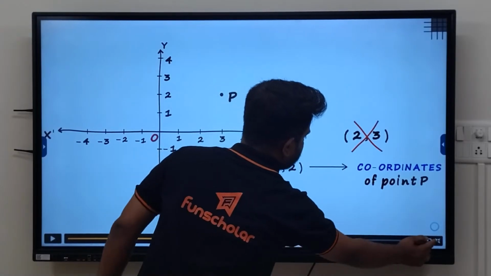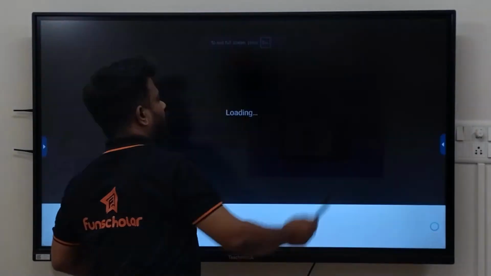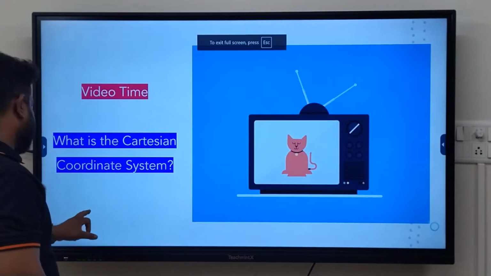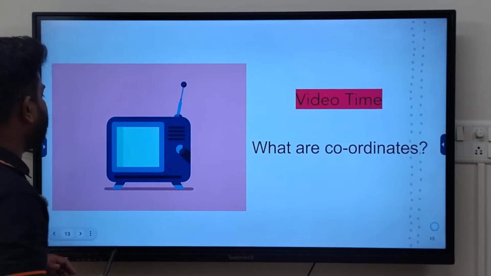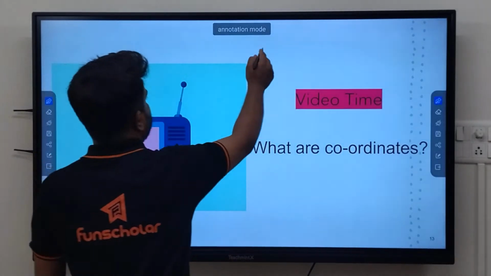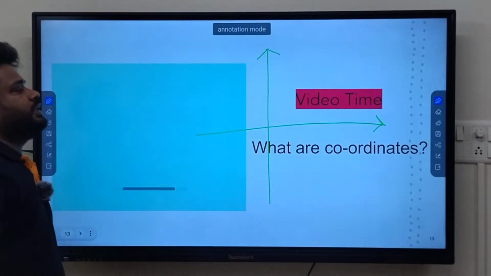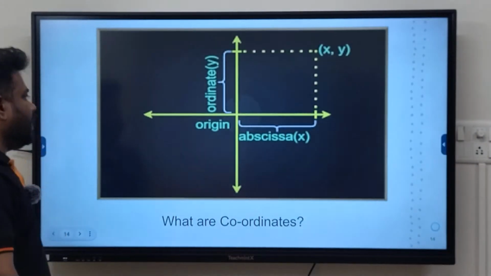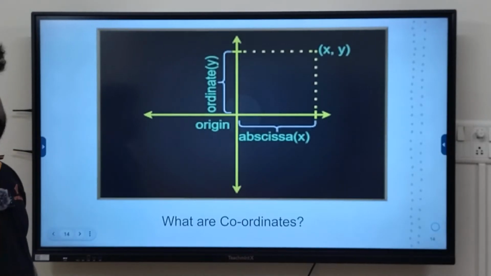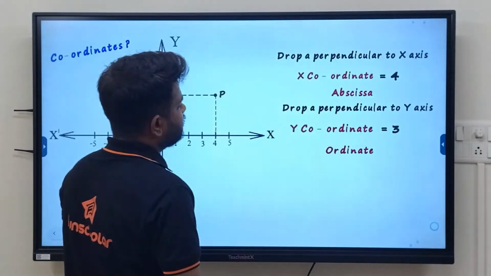So this video was quite essential for our upcoming slides. So what are the coordinates? We already discussed it, that coordinates are basically the x-axis and the y-axis over here, right? Next, drop a perpendicular to the x-axis, x coordinate equals 4, the abscissa.